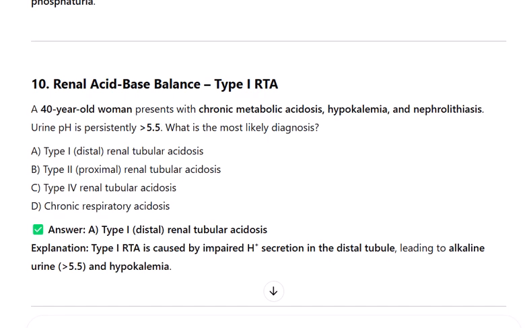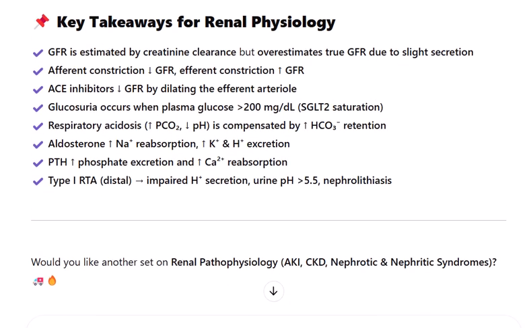and hypokalemia. Key takeaways for renal physiology. GFR is estimated by creatinine clearance, but overestimates true GFR due to slight secretion. Afferent constriction decreases GFR; efferent constriction increases GFR. ACE inhibitors decrease GFR by dilating the efferent arteriole. Glucosuria occurs when plasma glucose exceeds 200 mg per dL, due to SGLT2 saturation.